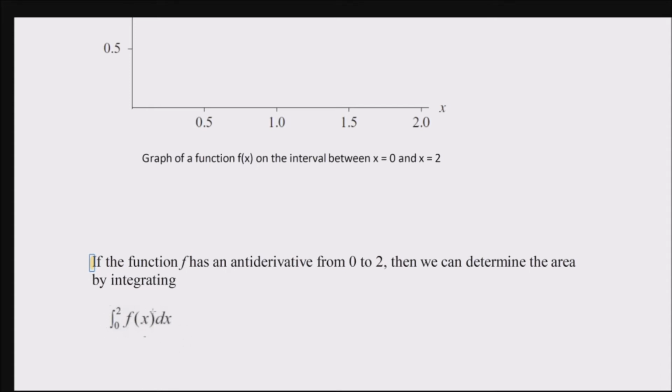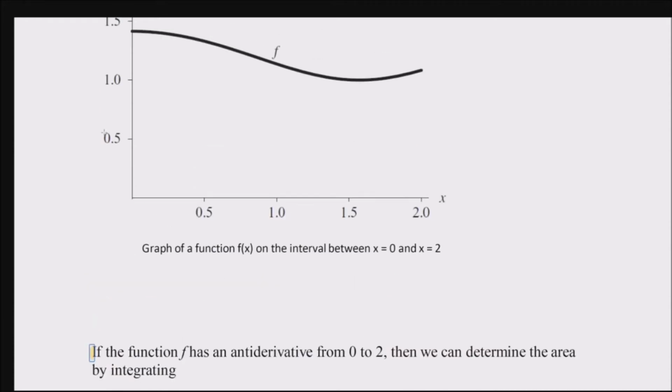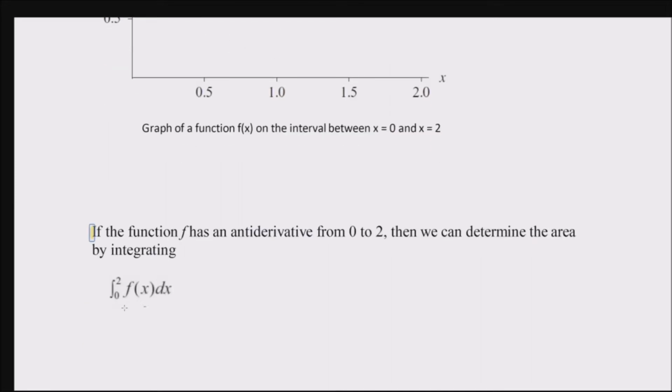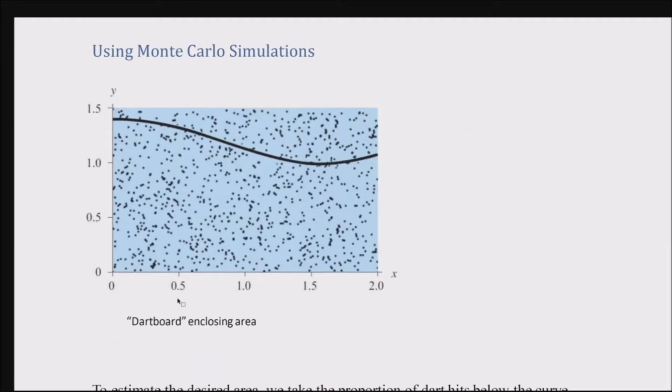So this is the calculus. If you do this, it will give you the whole area covered by this graph. In order to do that, you have to know how to solve this equation. If you don't know how to solve this equation, Monte Carlo introduced a new way to do this. So it's pretty cool, the simulation, right? So what we do here, right?